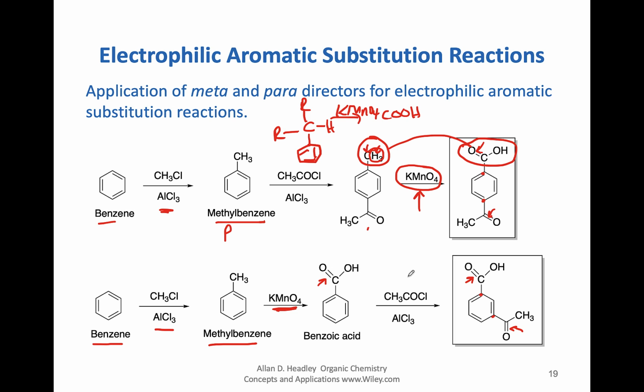Therefore this reaction here, the Friedel-Crafts acylation, will put this group in the meta position. So again, you'll have to take your time to fully appreciate the chemistry here, maybe pausing the video at different points and making sure that you understand how to use the reactions to get the products that you desire.